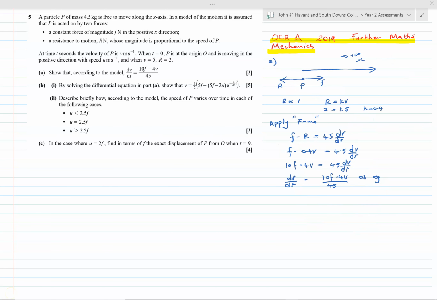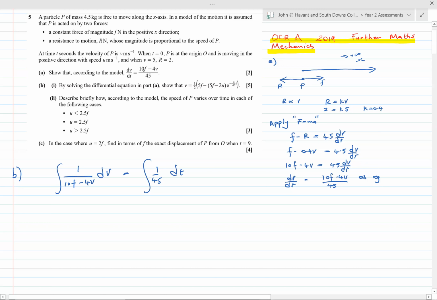Part B, we go on to solve and interpret the solution for this. We're separating the variables for this equation. So we can write the integral of 1 over (10F minus 4V) dV is the integral of 1 over 45 dt.